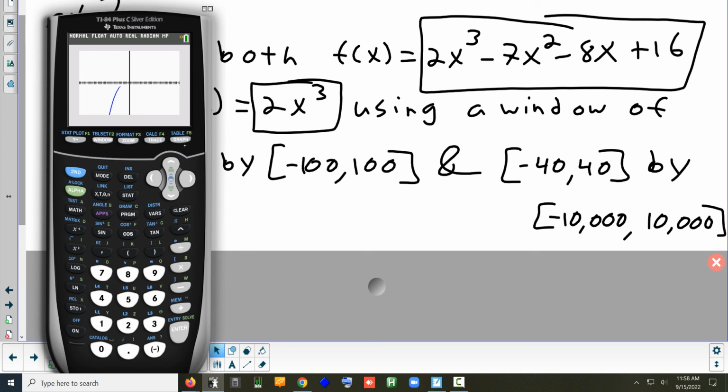Once the second one graphs, I want you to tell me how close they look or if they don't look close. Pretty close. You can definitely still tell they're the same. They're different, but it's pretty close. Again, all these other terms are small details near the origin, not the overall picture of the graph. Oh, I see. Interesting. That's what I'm trying to show you. Okay, so 2x cubed is called the end behavior model.